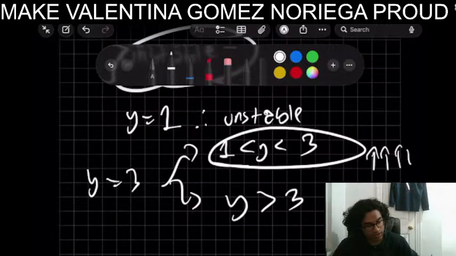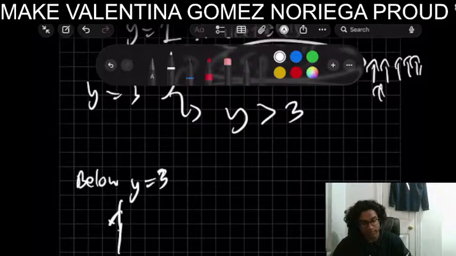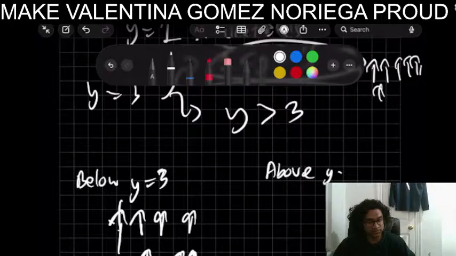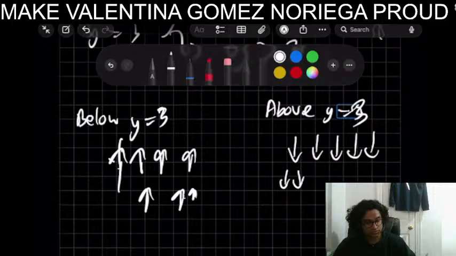So below y equals 3 is going above. And above y equals 3 is going below. Right?